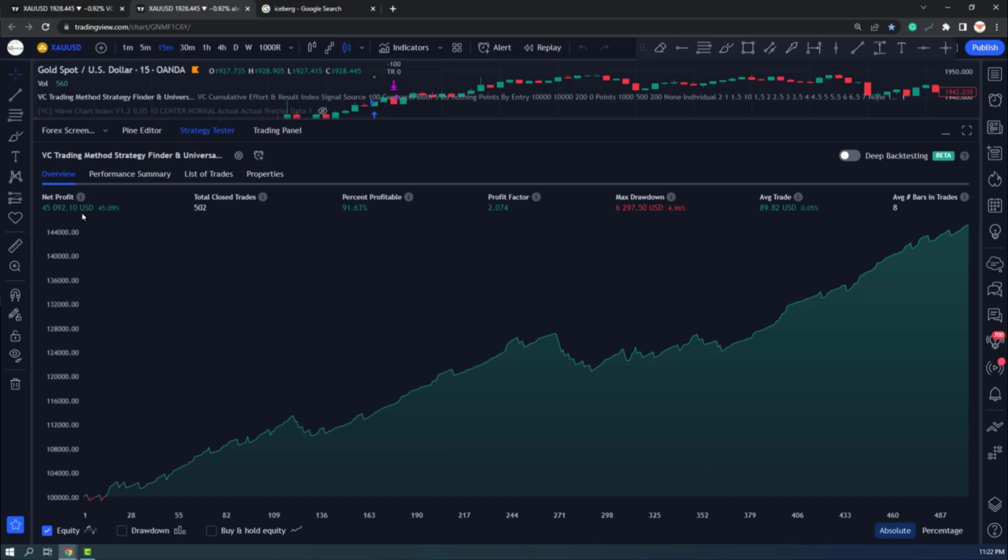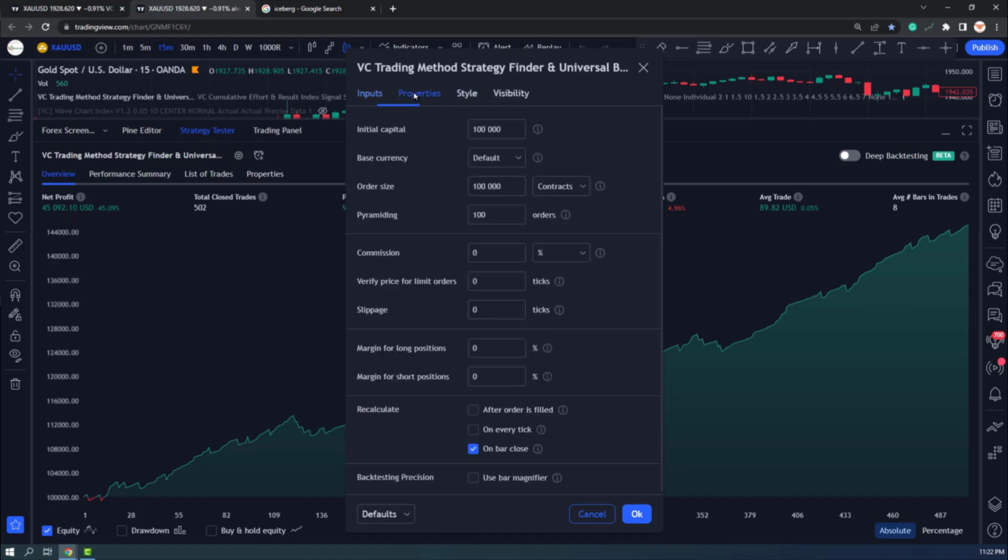The starting balance of the account here, let me show you. This is 1 lakh, but you can consider it 1,000, because if you are using 100x leverage, 1,000 multiplied by 100 will be equal to 100k.